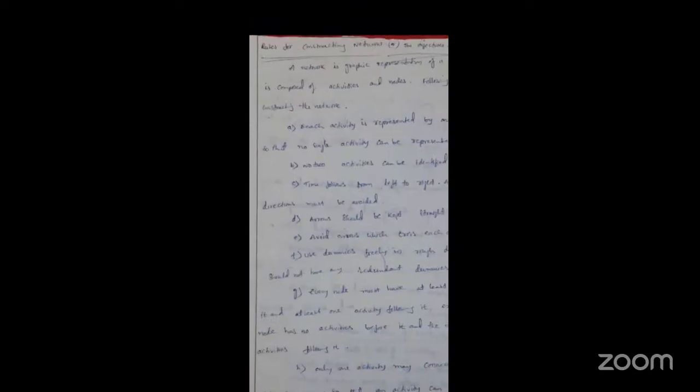Is it visible? Here we have 8 points. Let me discuss them one by one. The rules for constructing the network diagram, and the objectives of network analysis, are also important for short answer purposes.